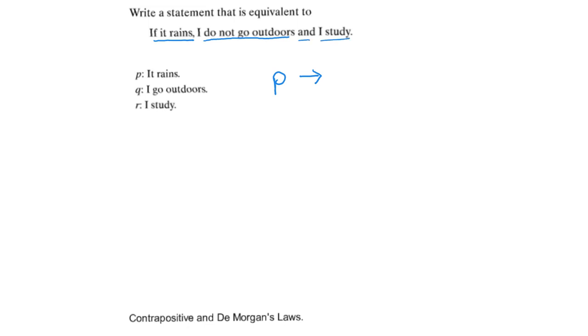What's following the comma needs to be placed in parentheses. They belong together. I do not go outdoors is a negation, so that's not Q. And it's a conjunction, I study, R. And this is a conditional.